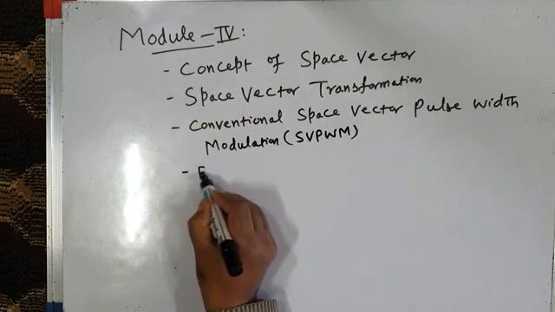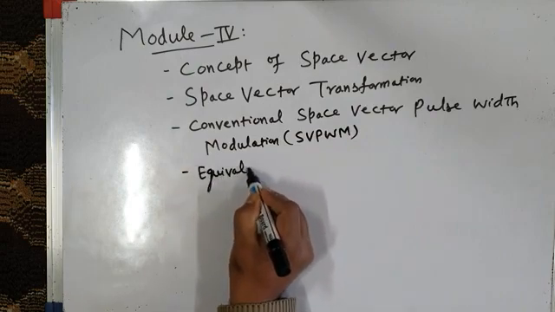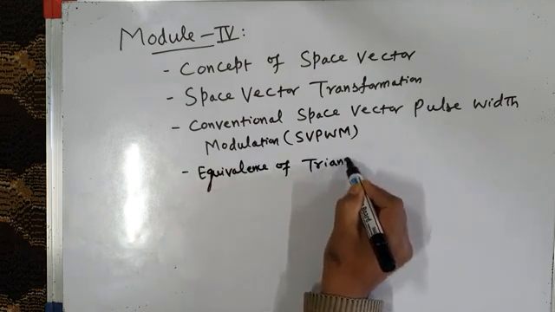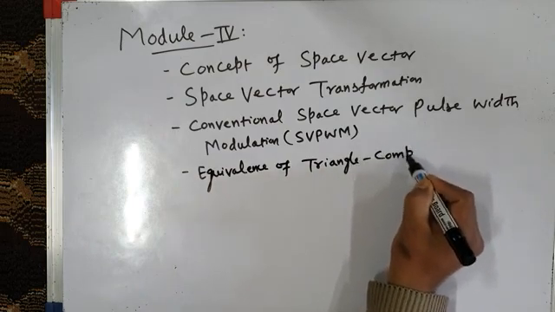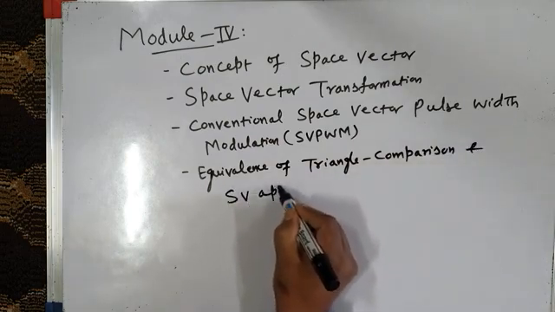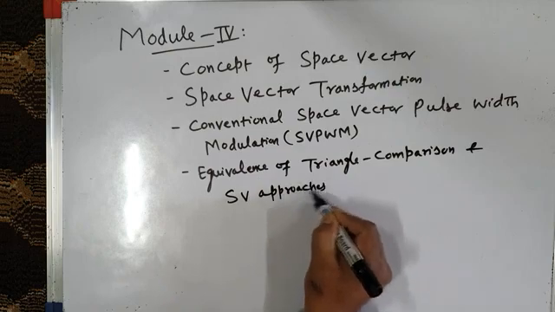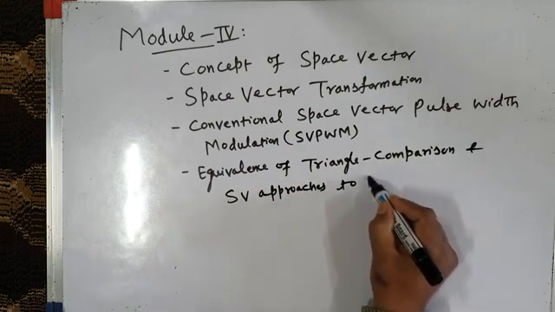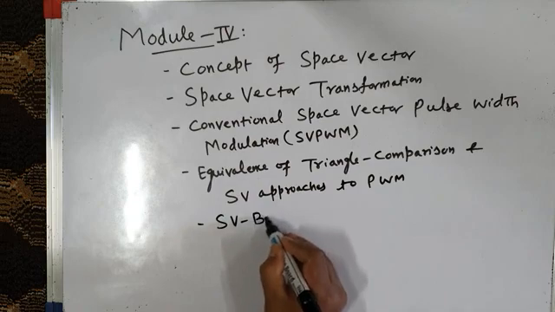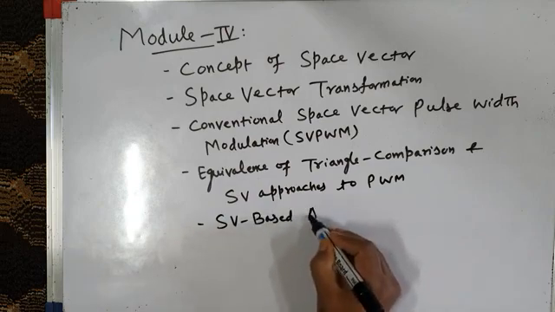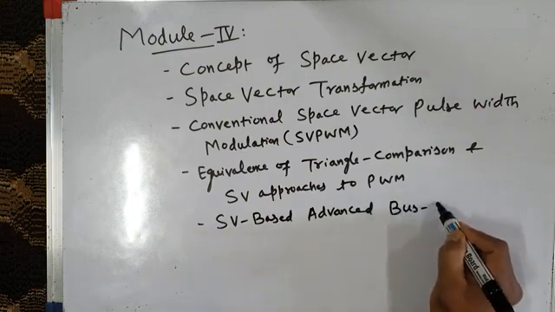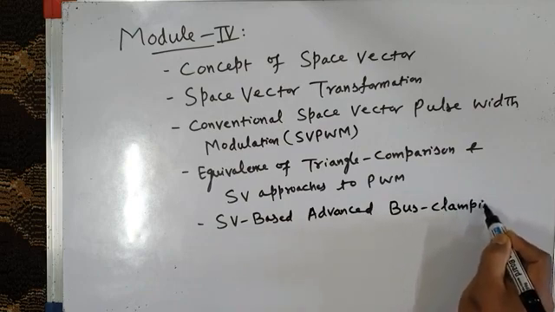And then we are also going to discuss equivalence of triangle comparison and space vector approaches to PWM, and finally we are going to discuss space vector based advanced bus clamping techniques.